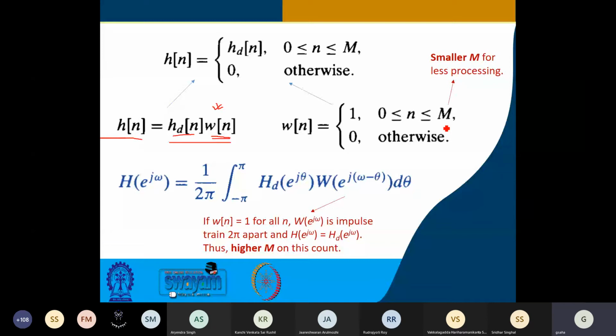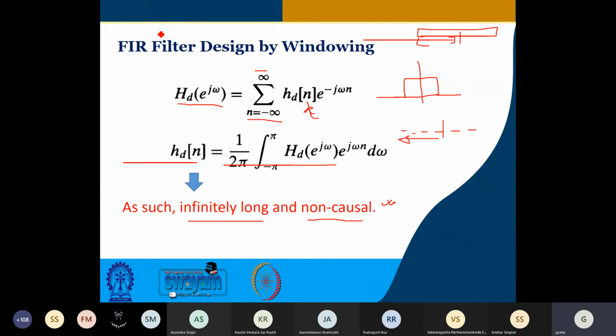So the length here is M plus 1, because n is from 0 to M. So M plus 1 values are being considered here to arrive at this h[n]. Of course, this modified H(e^jω) will not be the same as the ideal one that we were looking for.